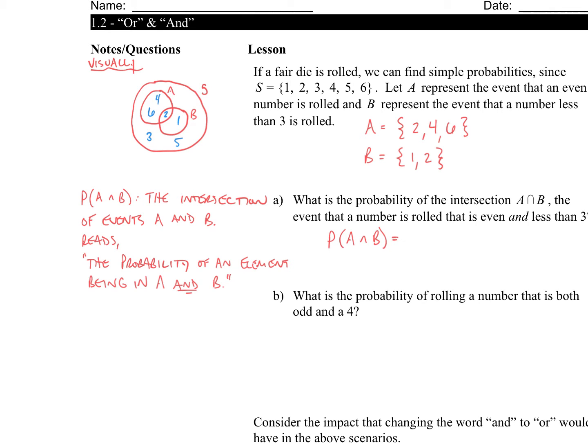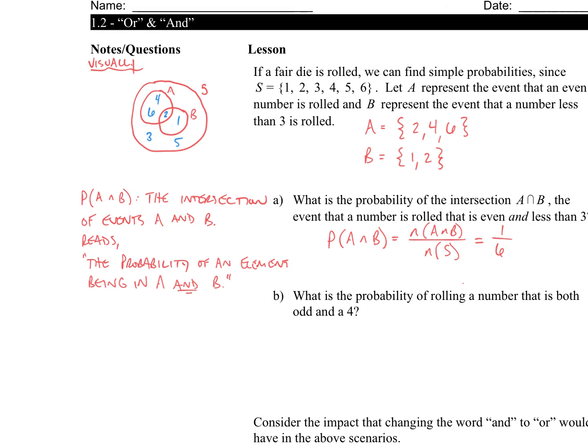So to continue calculating probabilities the same way that we did in our lesson, we need the number of elements in both A and B divided by the number of elements in the sample space, which as we see here is 1 out of 6. There's only one number that is both even and less than 3, and there are 6 numbers in the sample space of all the numbers on a 6-sided die.